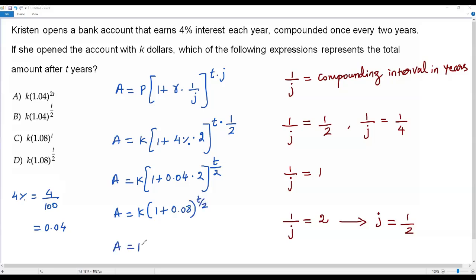Then A equals K times, when I add 1 and 0.08, I get 1.08 to the power of T over 2. So this expression represents the total amount after T years, the final value of the deposit after T years. We find this expression, K times 1.08 to the power of T over 2, in option D. So the correct answer choice for this question is option D.